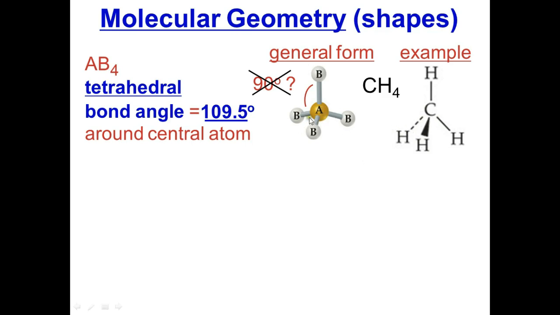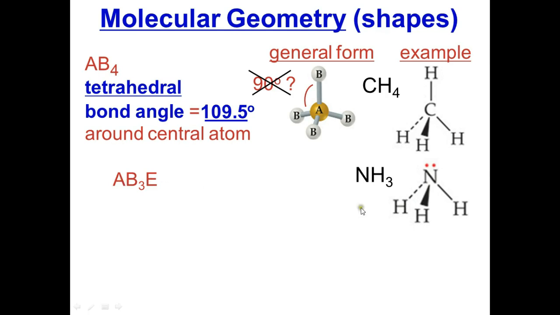This dotted line represents that it's going back away from us, and this one just represents a normal bond.